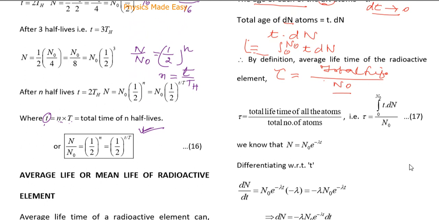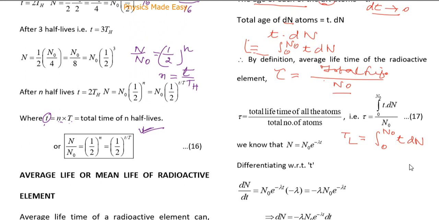For paucity of space, I will write it as TL. Total life is just, for all the N atoms, the integral from 0 to N naught of t into dN.